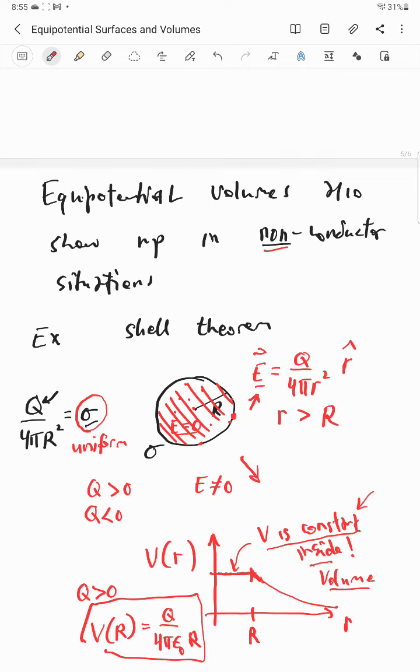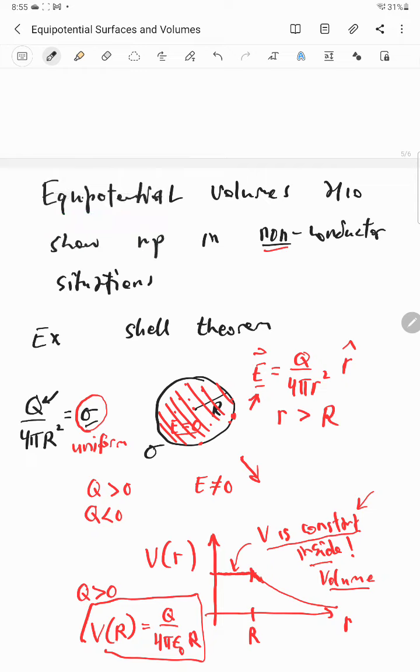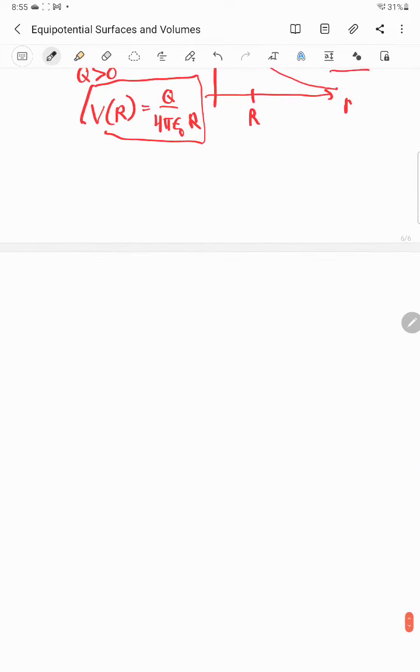Okay, so that was a non-conductor case, and there's one more non-conductor case that's interesting to point out, I think. In the case of infinite planes of charge, right?